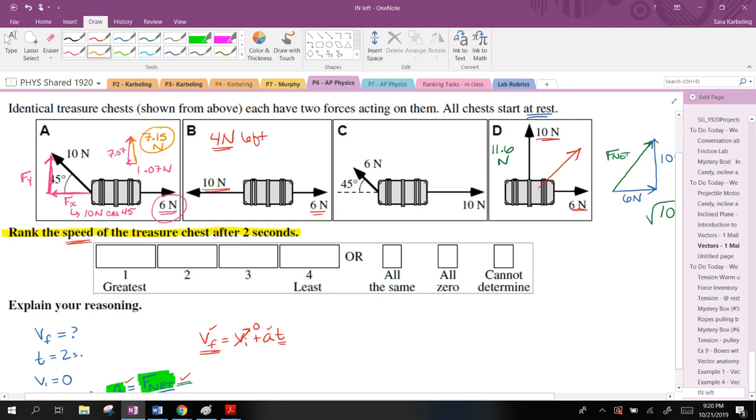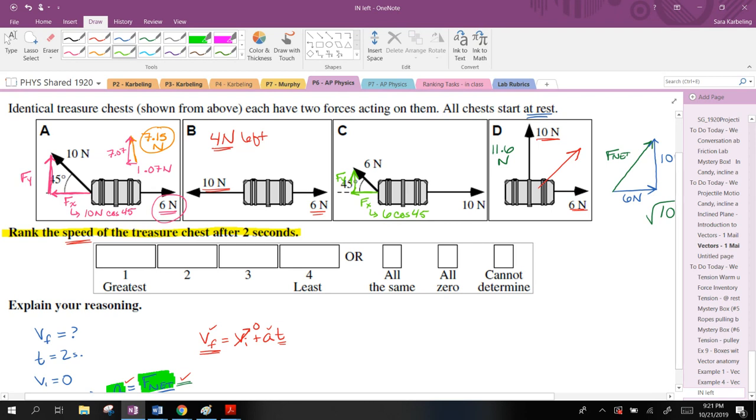Last one. We're going to do the same kind of process that we did for A. I'm going to break this force that is in two different directions into those directions. So my Fx is going to be equal to 6 times the cosine of 45, and Fy is going to be the same thing. I can call it sine or cosine, does not matter.